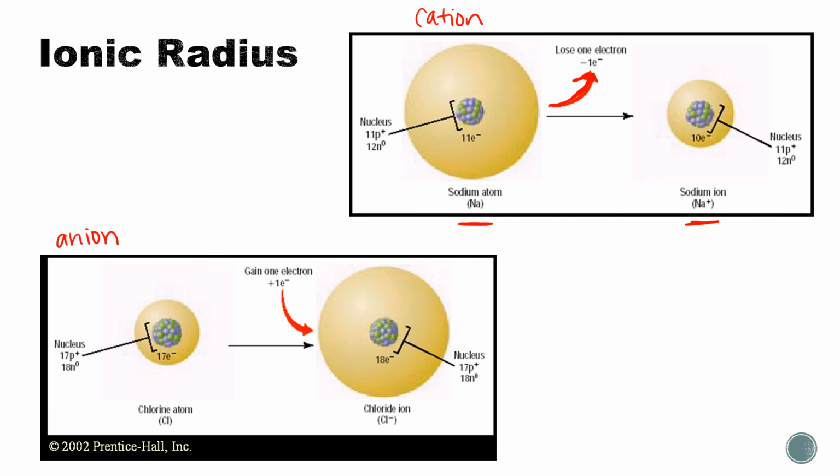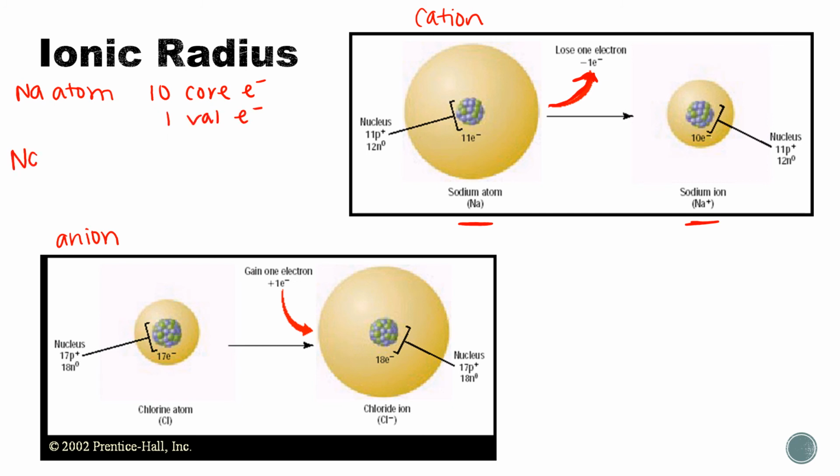So how could we describe what happens between the sodium atom and the sodium ion? Well, the atom is bigger than the ion. The ion is going to get smaller. And here's why. In the sodium atom, we have 10 core electrons, and we have 1 valence electron.